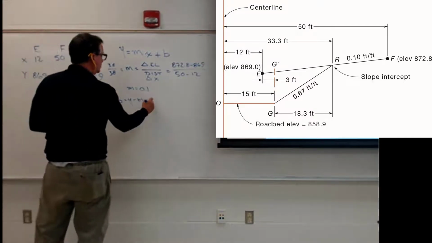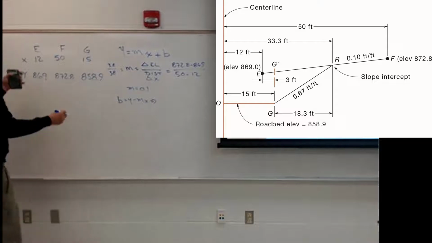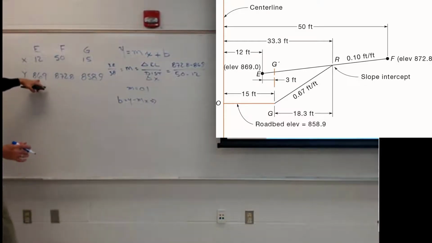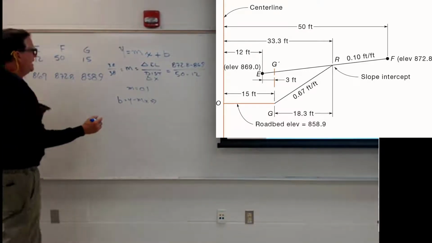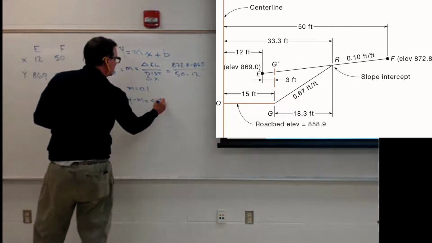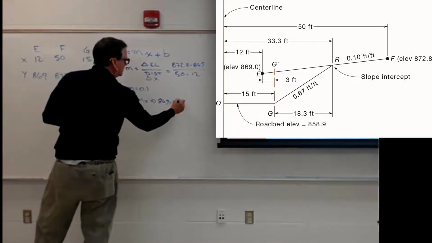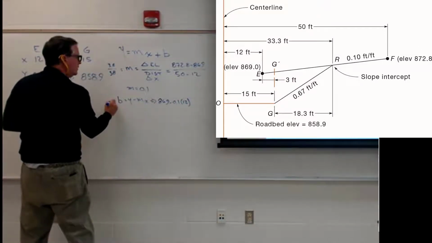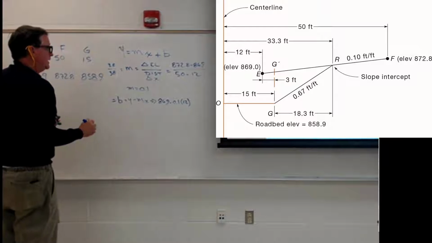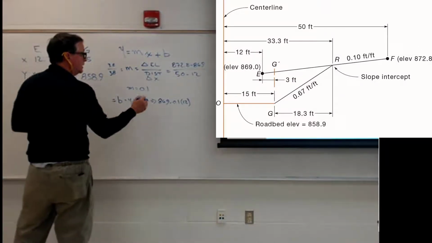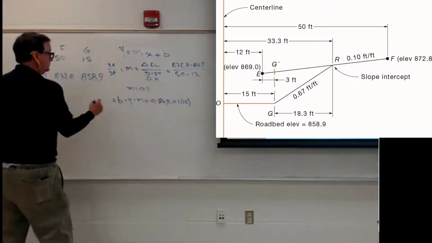And I can substitute either one of these. I'll go with this one, 869 minus 0.1 times 12, which is 1.2.